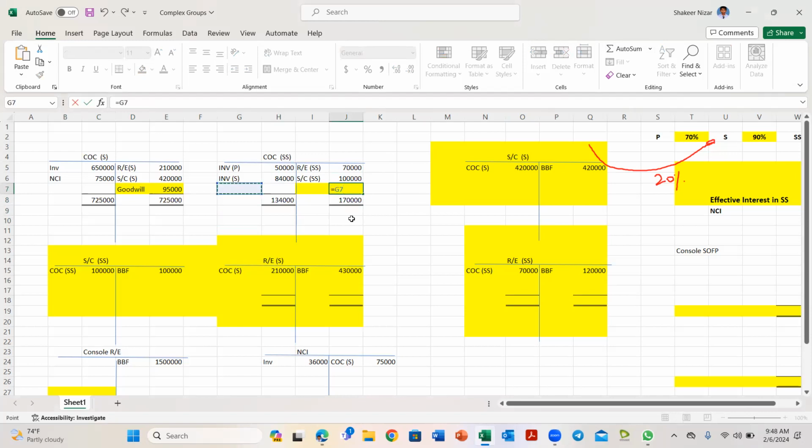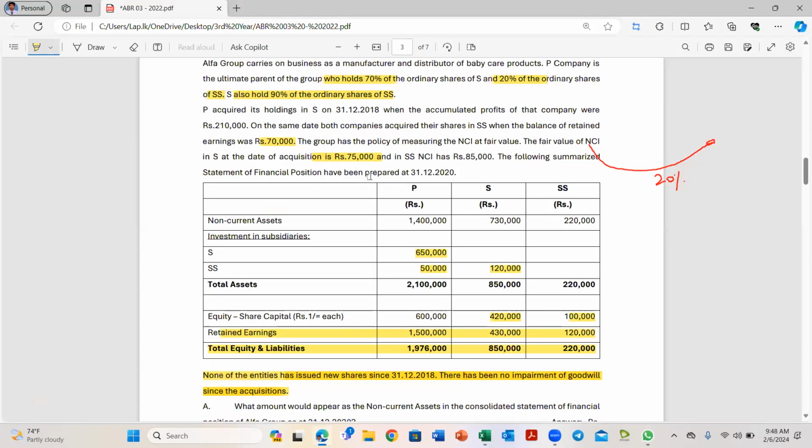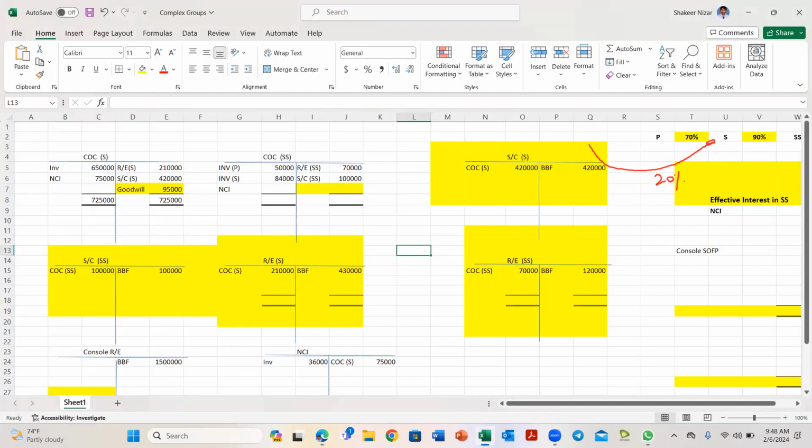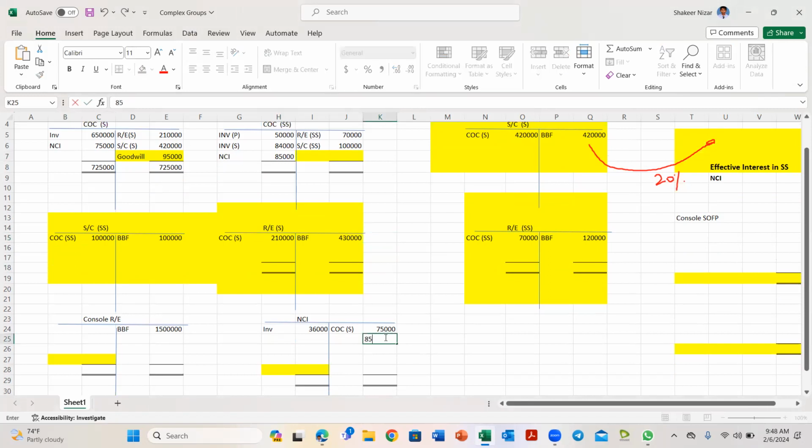I could take the NCI here. The NCI of subsidiary at the date of acquisition, the fair value is given as 85,000, right? The NCI account is credit 85,000 in subsidiary, right?